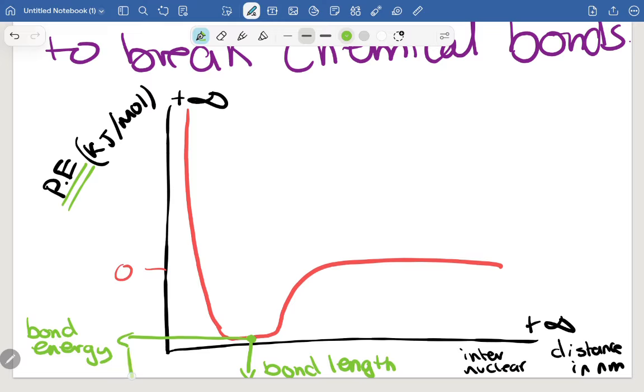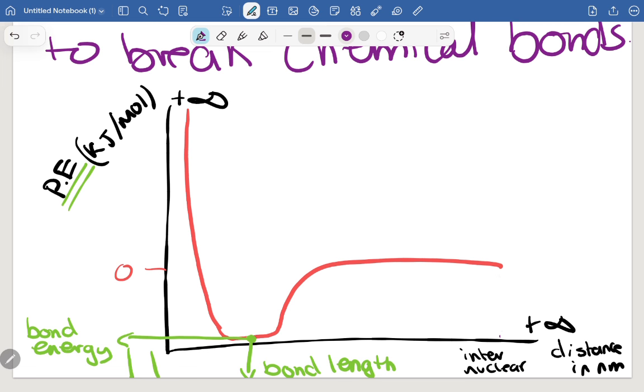After this point, if the distance keeps on increasing, the potential energy will go up all the way until 0, and at infinity it is practically 0. So the farther they are, the less the potential energy.